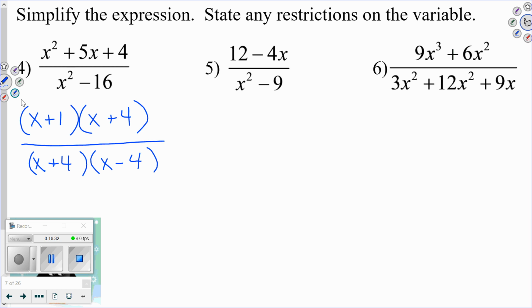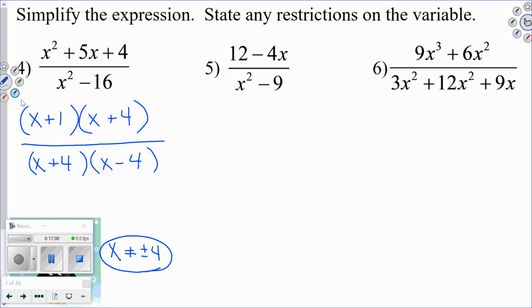What's step 2? Restrictions. Yeah, you know that green paper I put in front of you? What did I say to do with that? Read it. All right, what can x not equal? Set your denominator equal to 0 and solve. 4 and negative 4, so plus or minus 4. Set your denominators equal to 0 and solve.